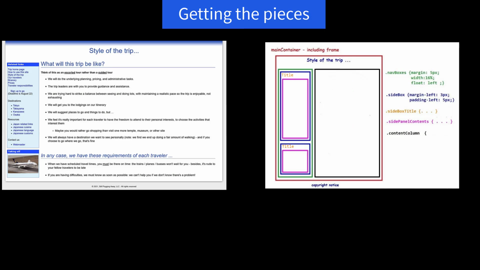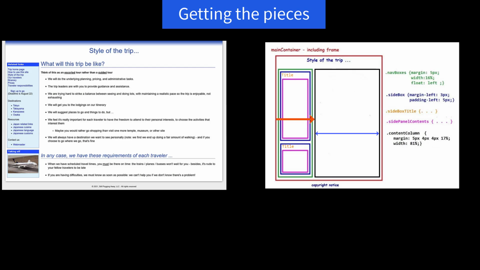Lastly, we set up the box to hold the main content, so we'll use a style rule called Content Column. In the sketch, it's the black rectangle on the right. Now, the most important factors are the width and the margin on the left. This box has to begin far enough over to the right to leave room for the side boxes, and it should take as much width as possible after allowing for the width of the side boxes. Maybe this.